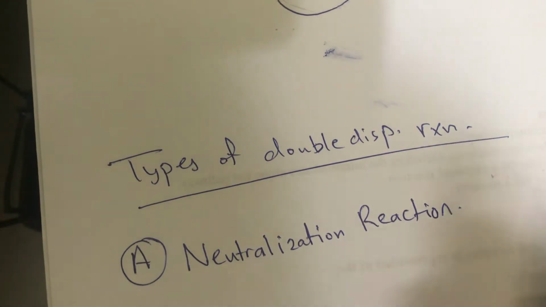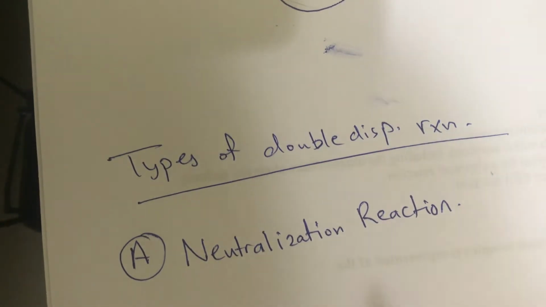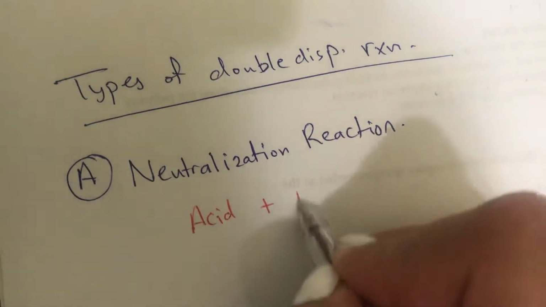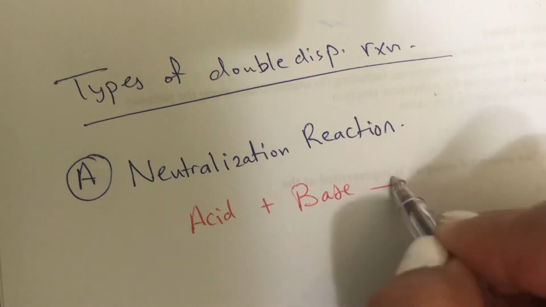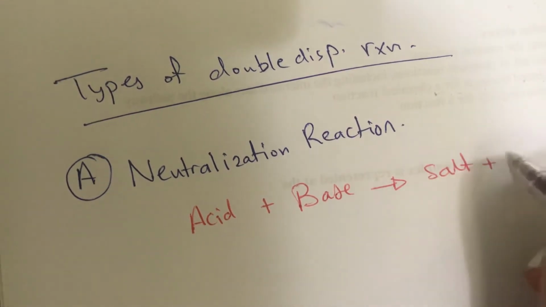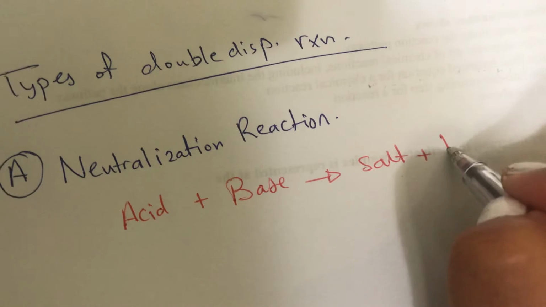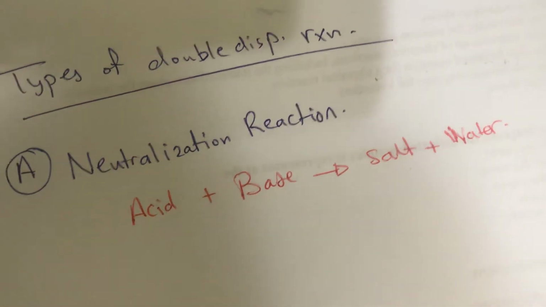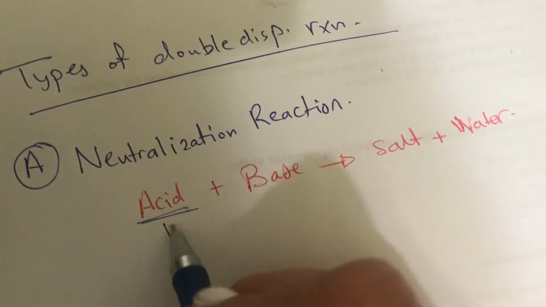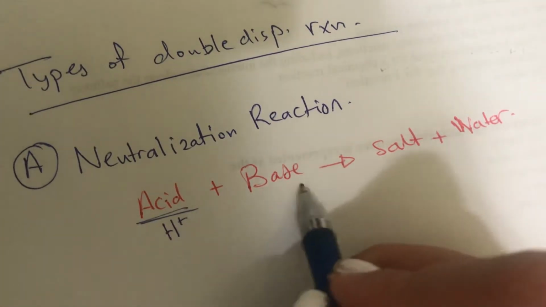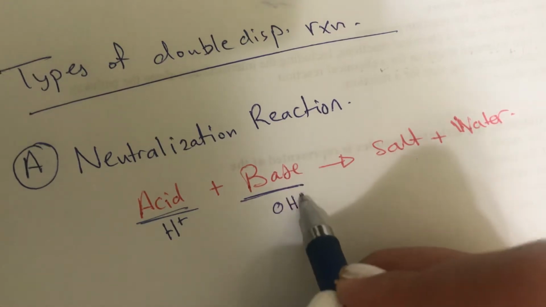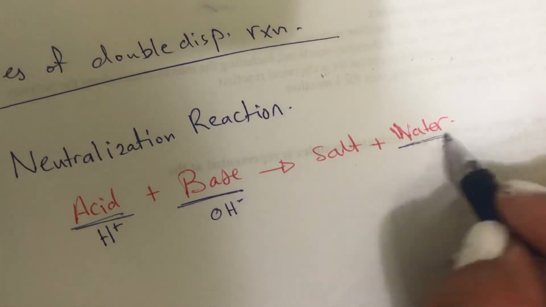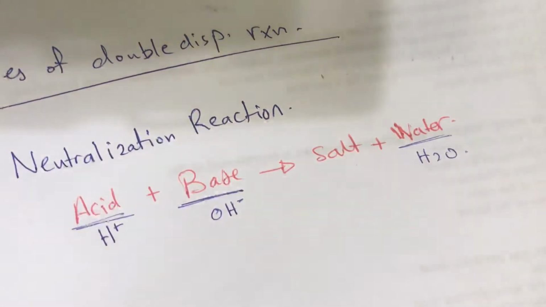The general formula for neutralization reactions is acid plus base produce salt and water. Here, an acid is a substance that contains hydrogen ions, and a base is a substance that contains hydroxide. So the products are salt and water.